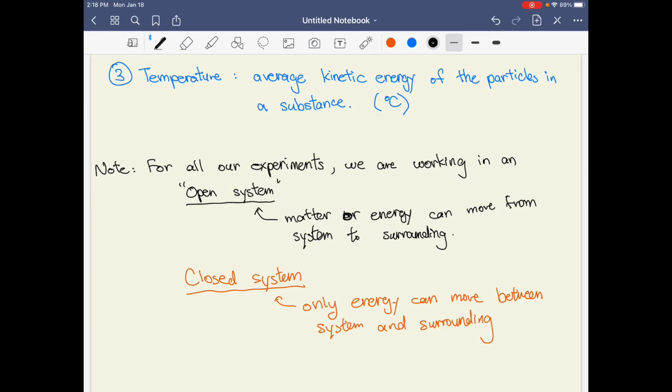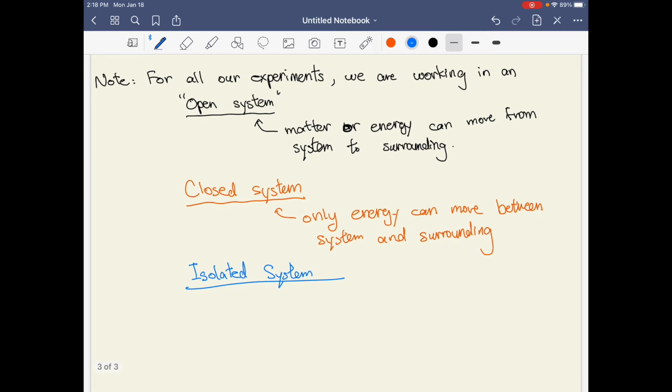Now, there's also a scenario known as an isolated system. This one we probably won't get to, which is, of course, no exchange of energy or matter between system and surroundings. Now, you may be thinking, does that mean there's no reaction happening? No, I don't mean that.